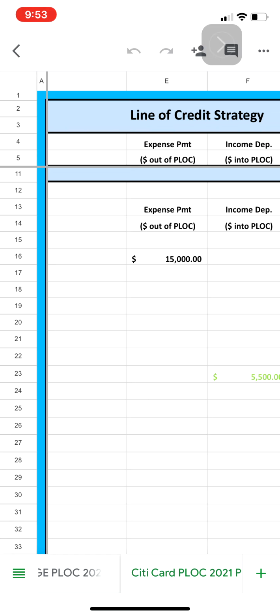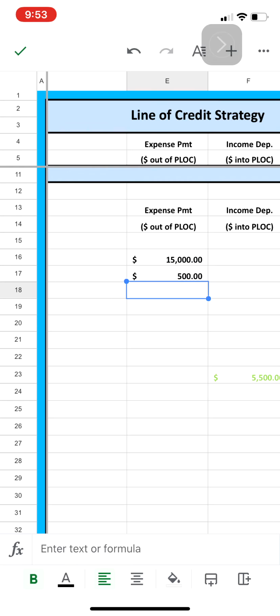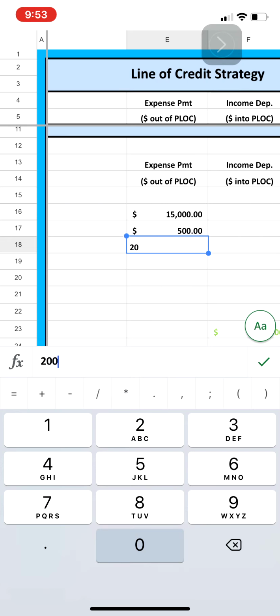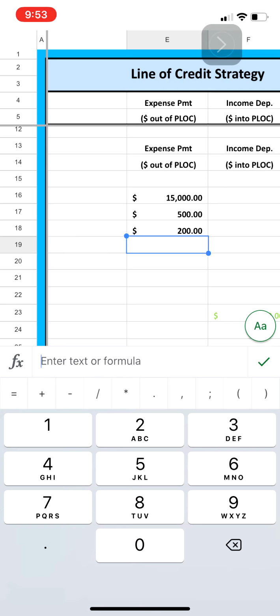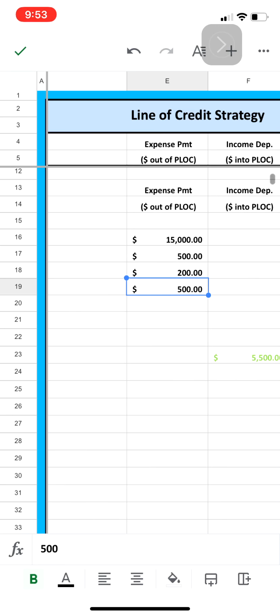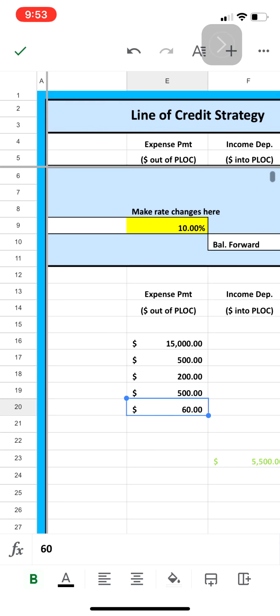And say you chunk that, and then you have to pay for a car, like $500. You have to pay for other things, $200. Nah, $50. It depends. Whatever you have to pay for, you're paying for stuff, $60, because you have the personal line of credit, right?